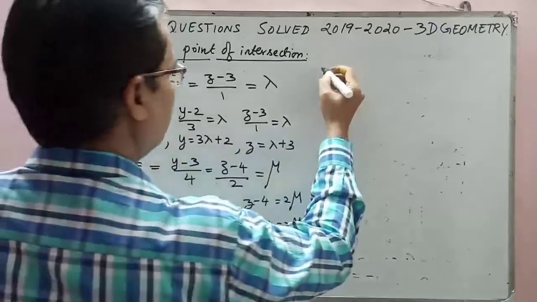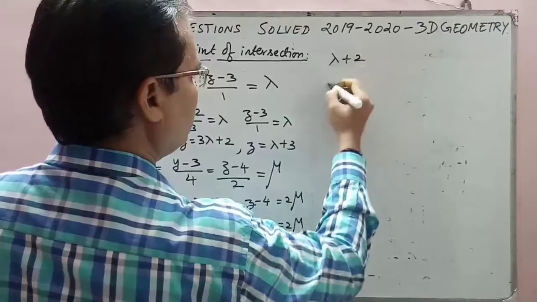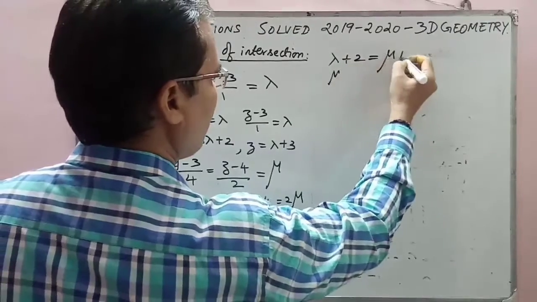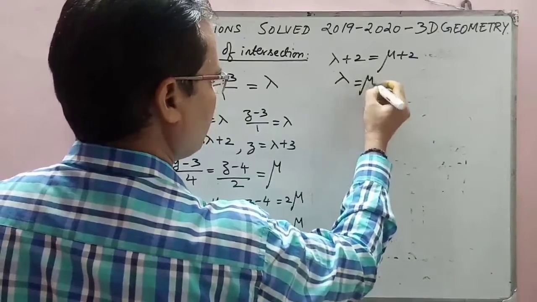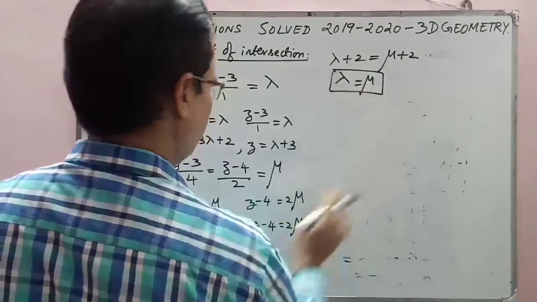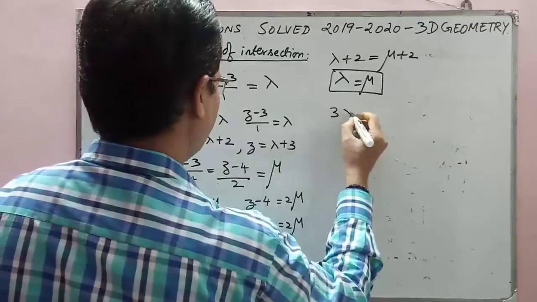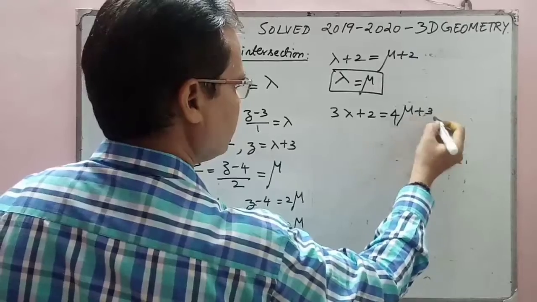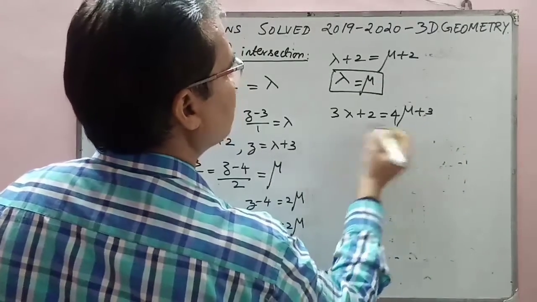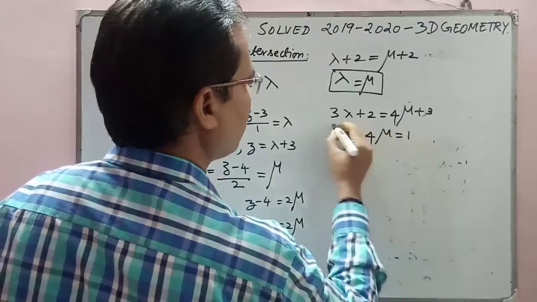Now lambda plus 2 must be equal to mu plus 2, which means lambda is equal to mu. Next, the y coordinate has to be the same. 3 lambda plus 2 is equal to 4 mu plus 3. We'll take 3 lambda minus 4 mu equals 1.